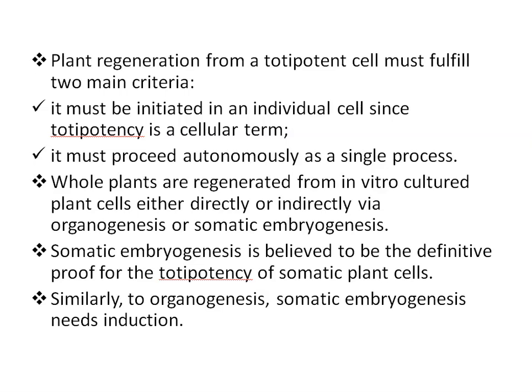Whole plants are regenerated from in vitro cultured plant cells either directly or indirectly via organogenesis or somatic embryogenesis. These processes are not autonomous but need to be induced. Therefore, one could say that plant cells can regain totipotency, but they are not totipotent per se.